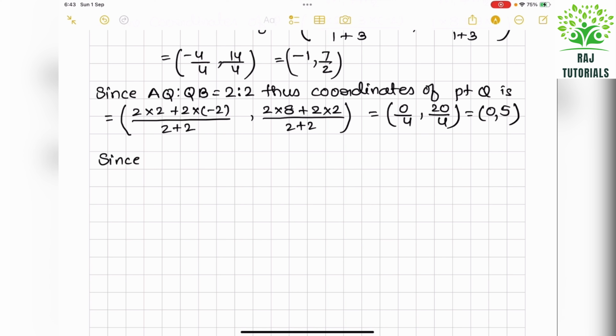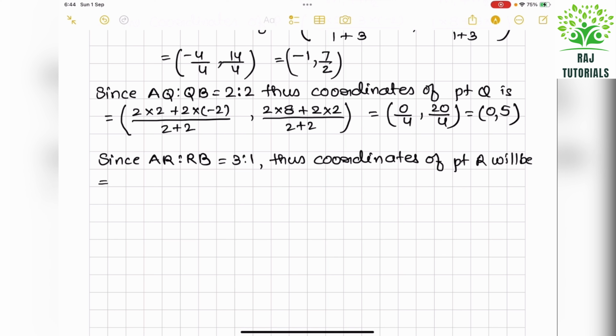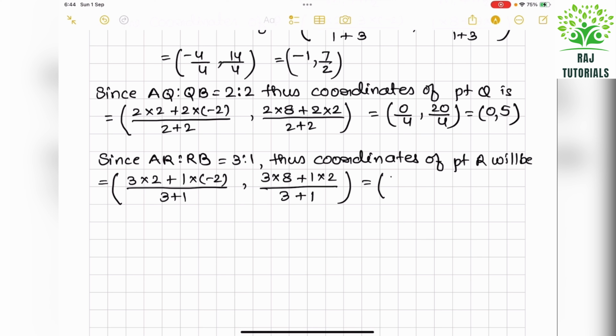Since AR is to RB equal to 3 is to 1, thus coordinates of point R will be equal to (3 into 2 plus 1 into minus 2) by (3 plus 1) comma (3 into 8 plus 1 into 2) by (3 plus 1), that is equal to 4 by 4 comma 26 by 4.